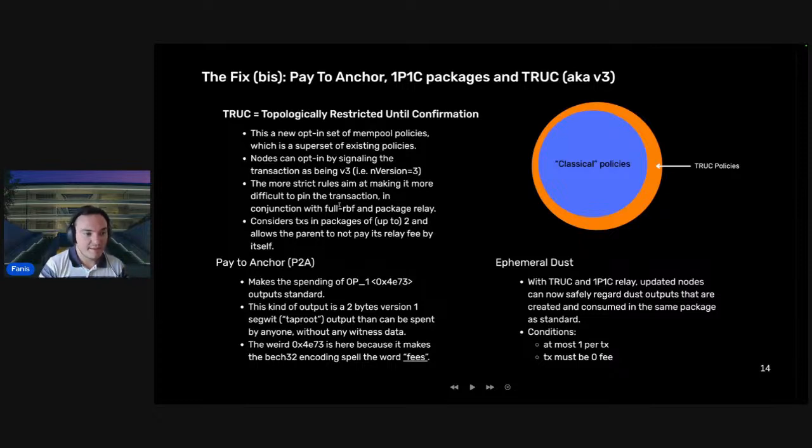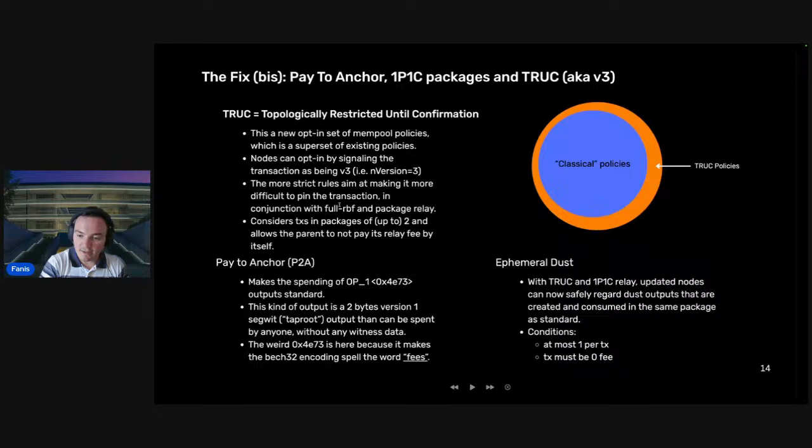What a package means in this context is that even if the parent transaction doesn't pay enough fees to reach the minimum relay fee of your node, then if the package with both the parent and the child overall pays a big enough fee rate, your node will include it in its mempool.